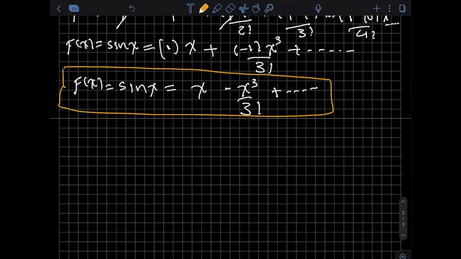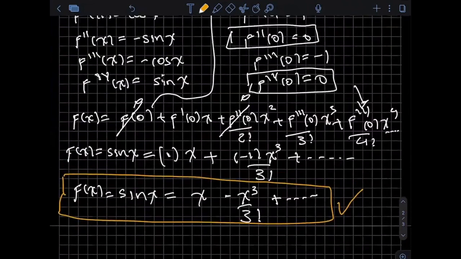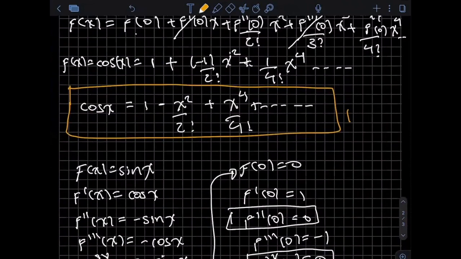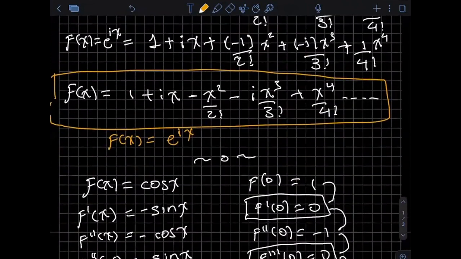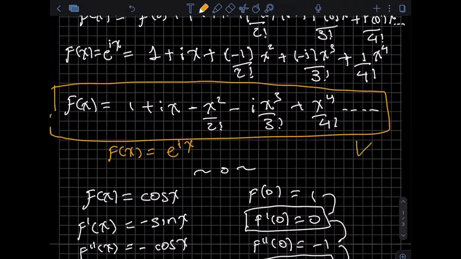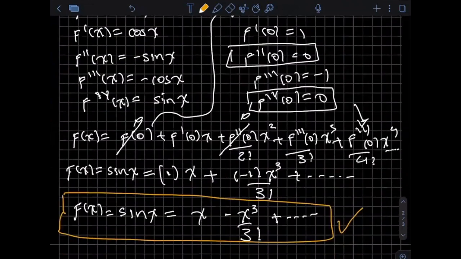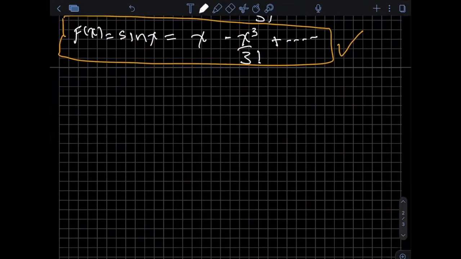So we solved the MSE for 3 functions: for sine x, for cosine x, and for e to the ix. Let's put them in one equation. Remember, we had e to the ix is equal to cosine x plus i times sine x.